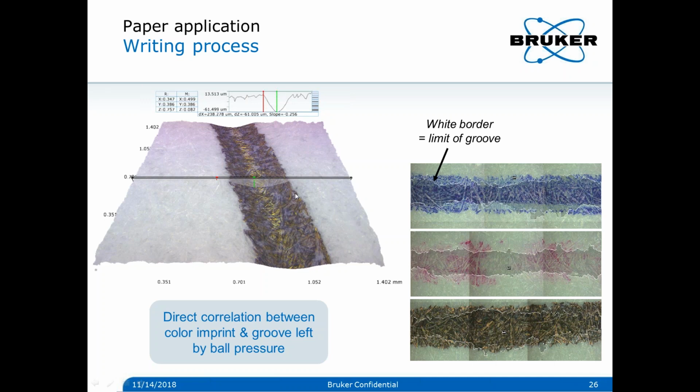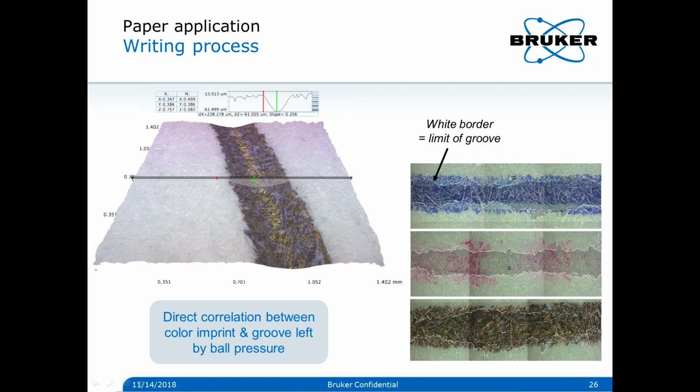Here in that case, we nicely see that the ink was really nicely imprinted along different fibers in there, and we saw that the fibers start to be well arranged versus a more random arrangement around this white paper. So the correlation between color imprint and groove leaves you a complete set of conclusions.